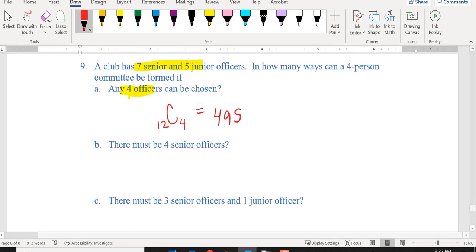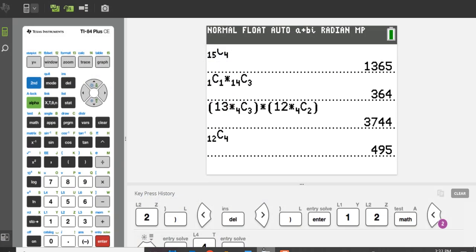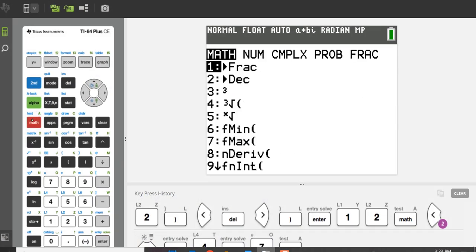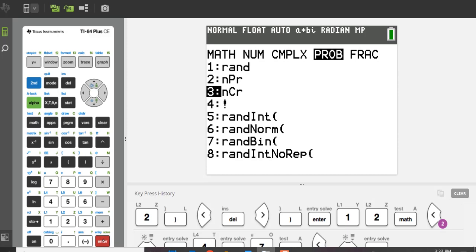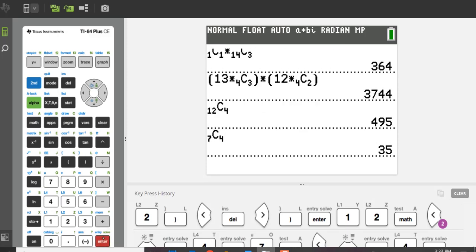Okay, what if there must be 4 senior officers? There's 7 senior, and you've got to pick 4 of them, so that's going to be the combination of 7, pick 4. I get 35 different ways.